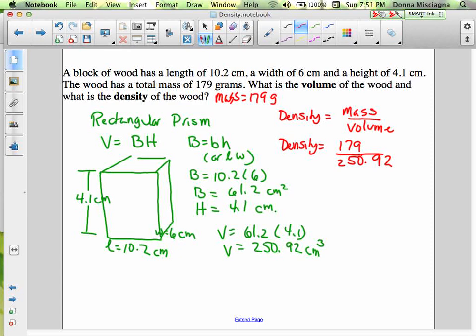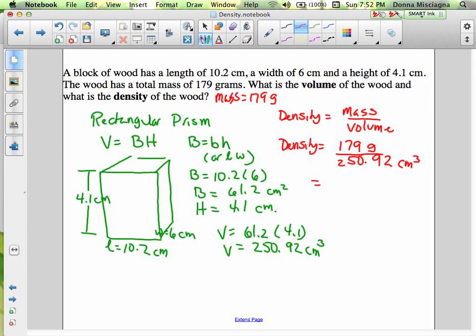And we should have the right units. So the 179 is grams, and this is centimeters cubed. So that means the density is 179 divided by that is 0.71337.